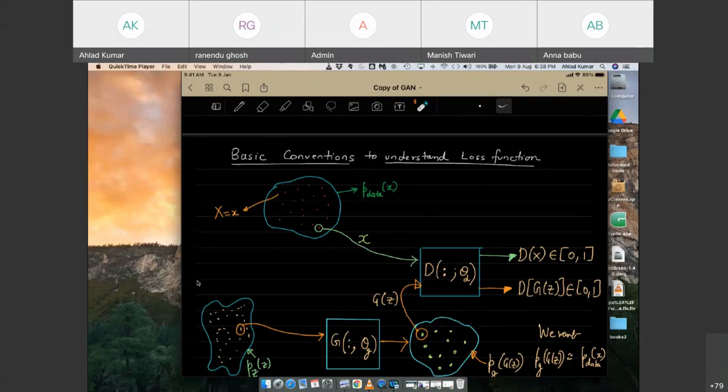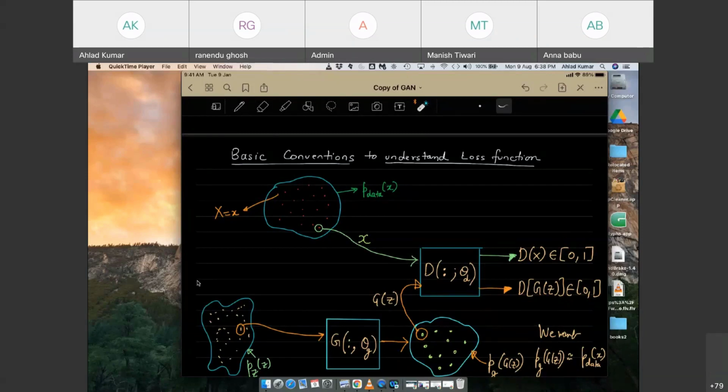What is this d of x? It's the random variable x which is going inside this discriminator, and it's modified as d of x. Another one is d of g of z, because you are feeding this g of z into the discriminator d, so it is also modified like this. And these values will be between 0 and 1, because you are looking for probabilities, which are not beyond 0 and 1.